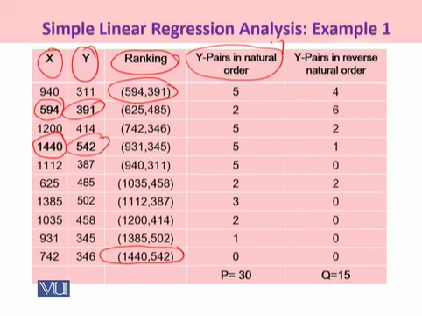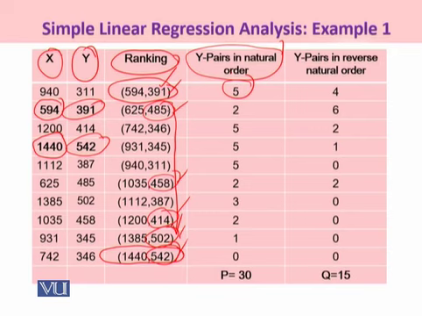That means you compare each y value with the values coming downward from it in the natural order. For example, you compare 391 to see how many values are greater than 391. Now look: 485, then 458, then 414, 502 and 542. So 1, 2, 3, 4, 5 values are greater than 391. So in the natural order, under p you write 5.